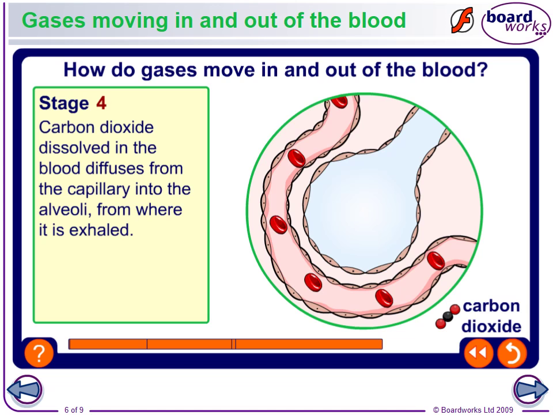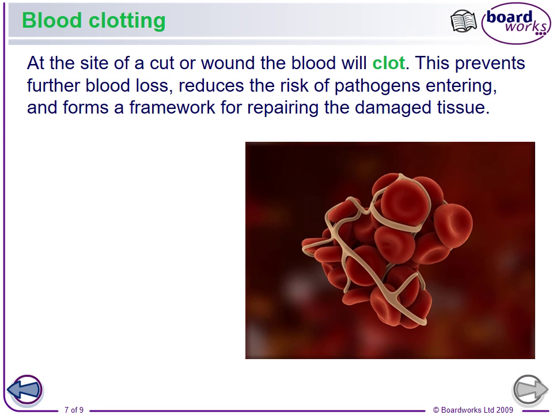This also aids in the transport of the oxygen and the carbon dioxide in the alveoli. Carbon dioxide dissolved in the blood diffuses from the capillaries into the alveoli, where it's exhaled. So you've got a lot of cool stuff going on here, and it has to do with the pressure gradient as well that allows things to move at certain times.